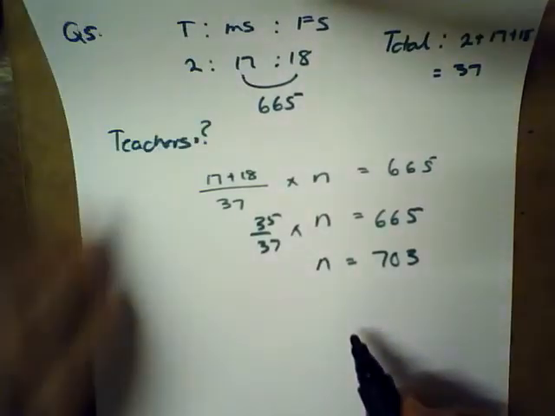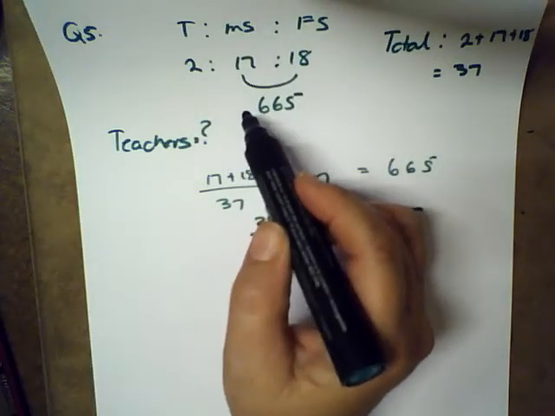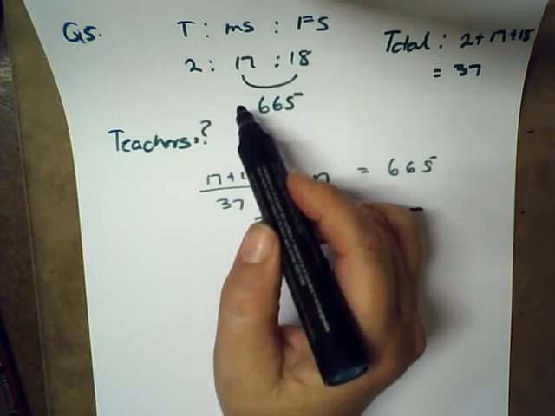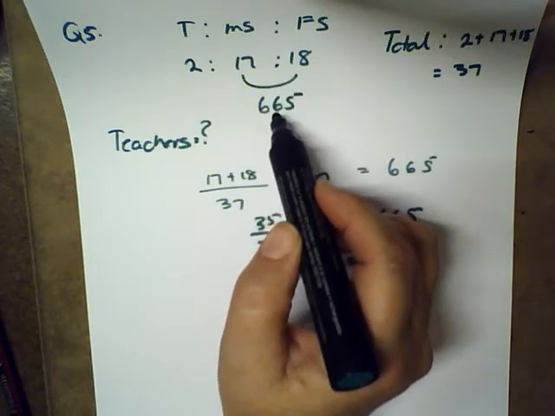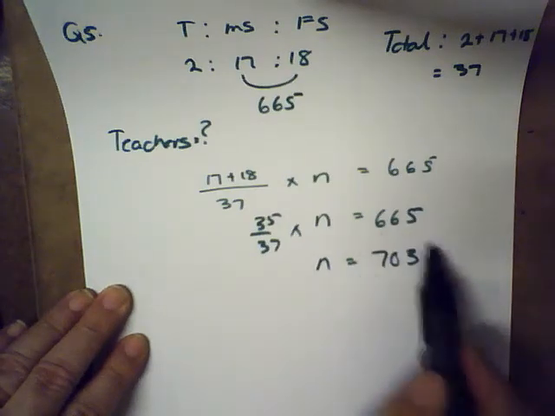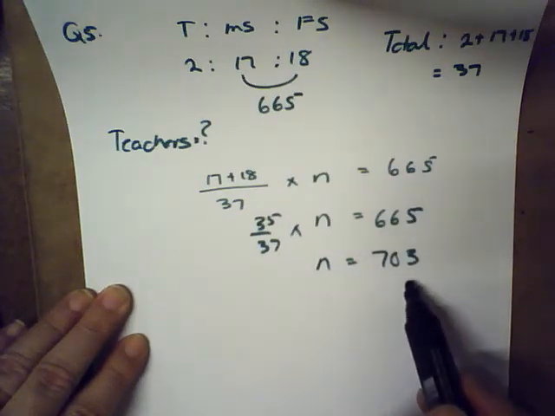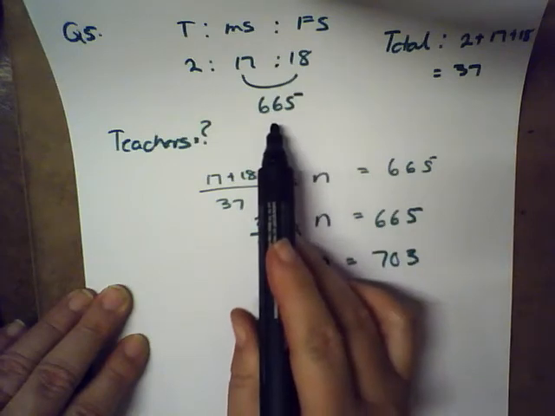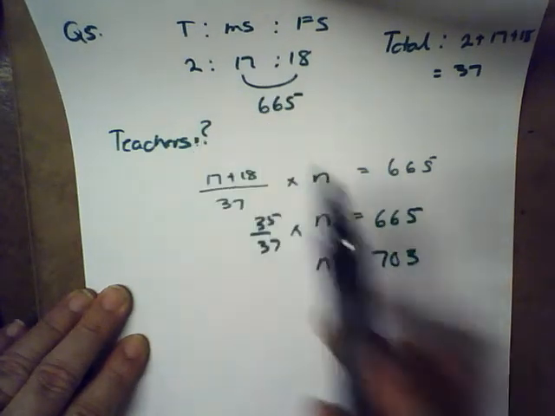So the total number of people would be 703. So that all the students, the total number of students is 665. So all the students, the total number of people working at the school minus all the students should give us the teachers.